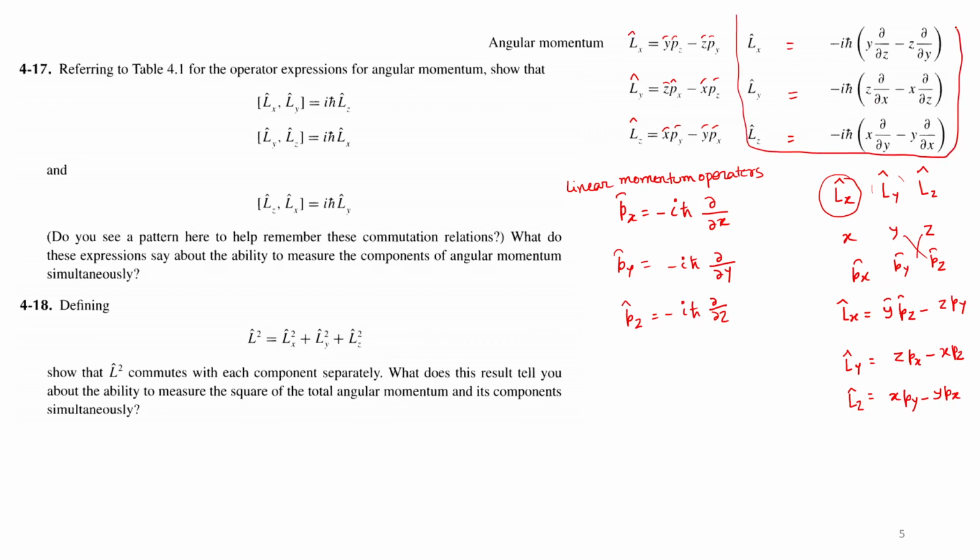Now I am going back to the mathematical problem given here. The question is to evaluate the commutator of Lx and Ly, to see whether they commute or not. Clearly we have to show that they don't commute, but what is the expression?